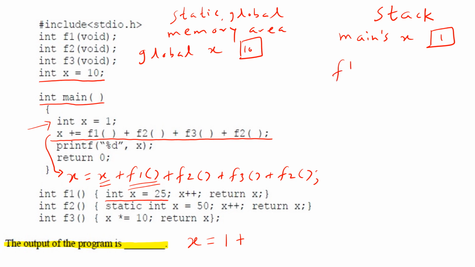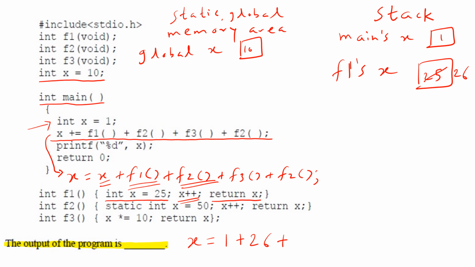We increment that variable by 1, so that value happens to be 26, and then we return that value as 26. So f1 returns 26.